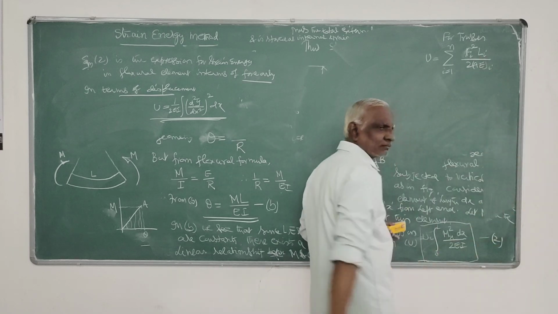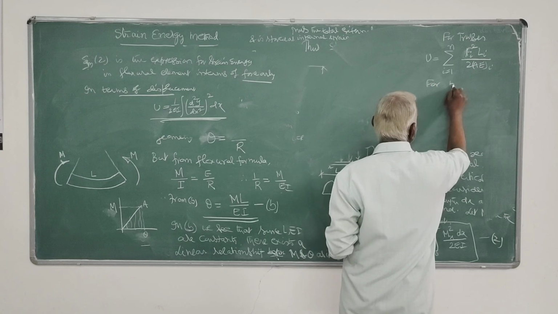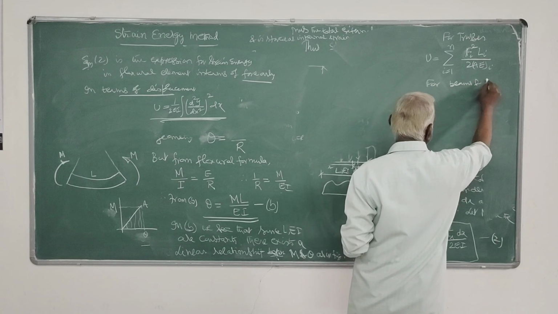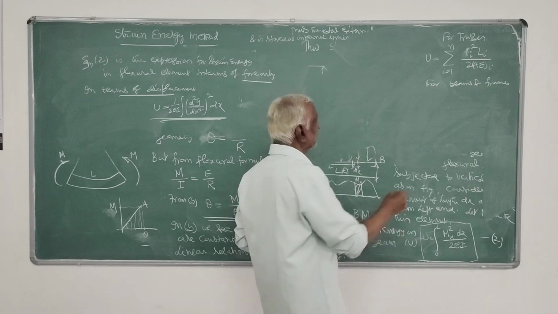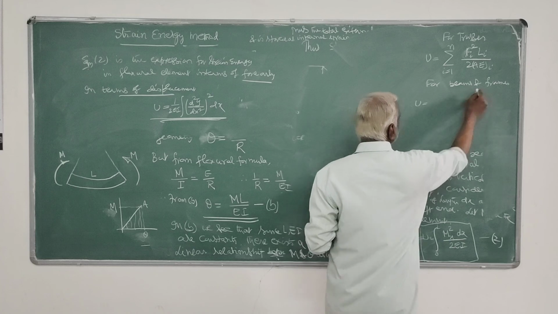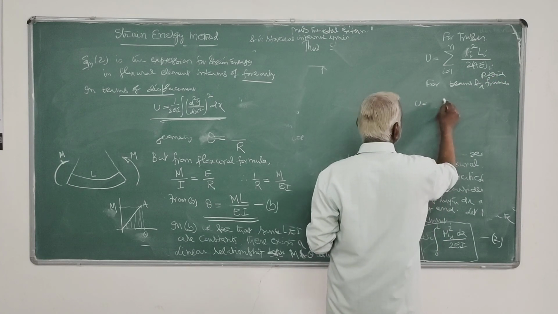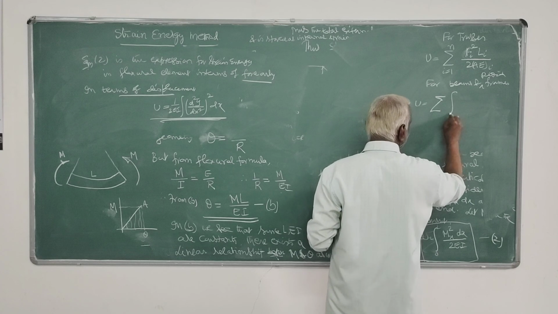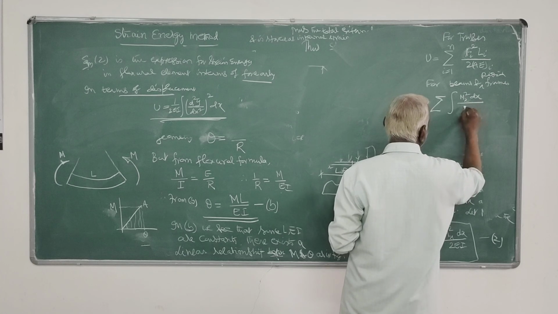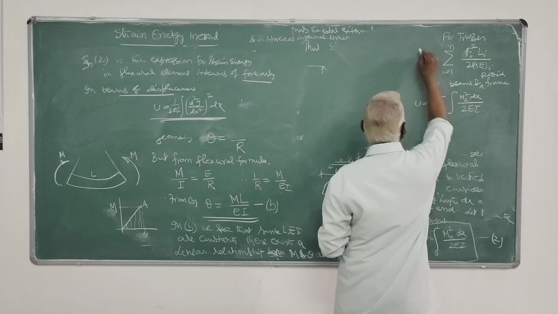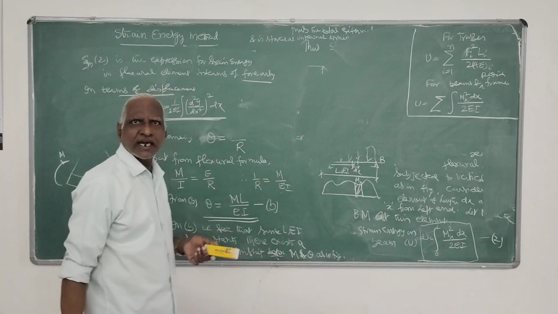You can remember this. And for beams and rigid plane frames, U is given by sigma of integral of Mx squared dx divided by 2EI.